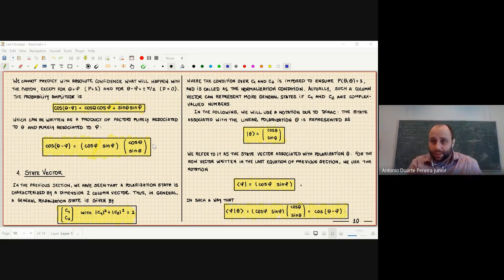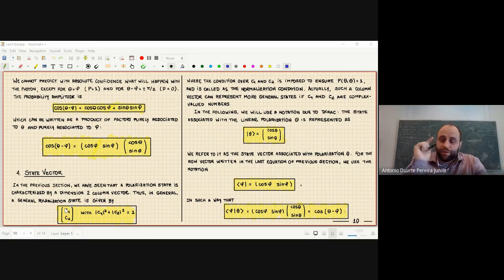This can be a vector space that is very complicated, but for the system that we are interested in, which is the polarization of light, this is a very simple vector space, which defines its elements as being these column vectors with two entries. So I'm defining a quantum state as being a column vector that contains two entries. This is just a definition.